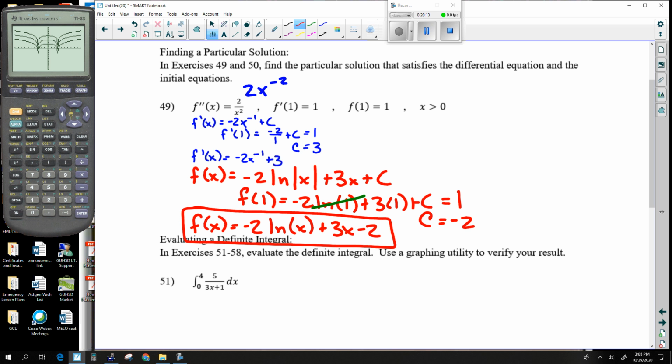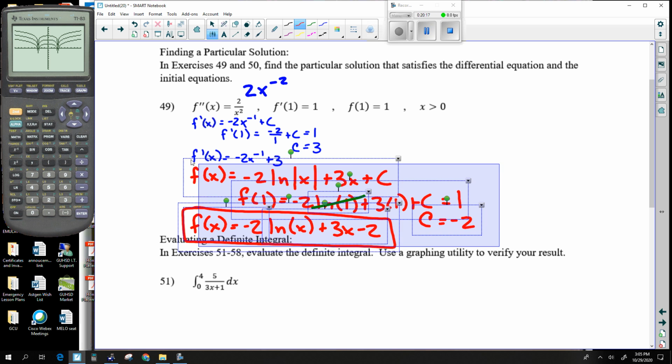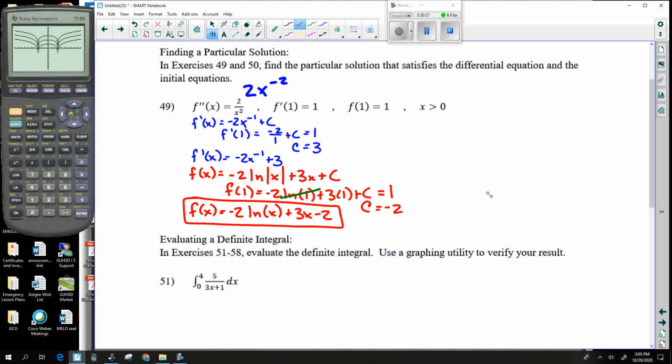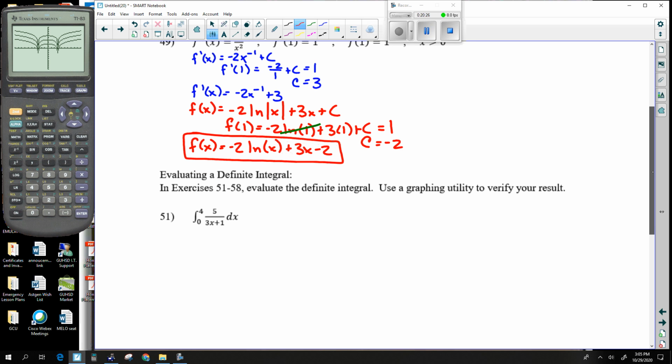Again, that is when x is greater than 0. Okay, let's evaluate this derivative.